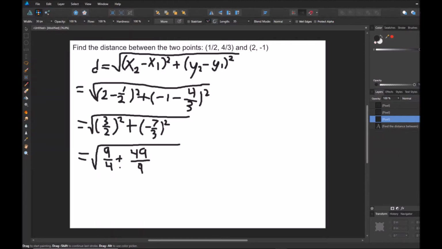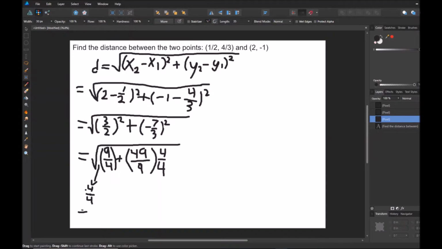So a number that 4 and 9 both can go into, off the top of my head, is 36. So we will multiply this by 4 over 4 in order to get the denominator equal to 36. And same thing over here, we're going to multiply it by 4 over 4.